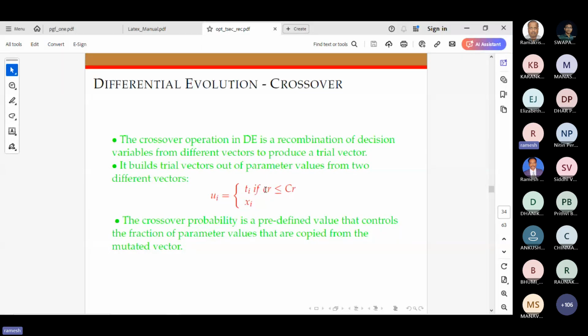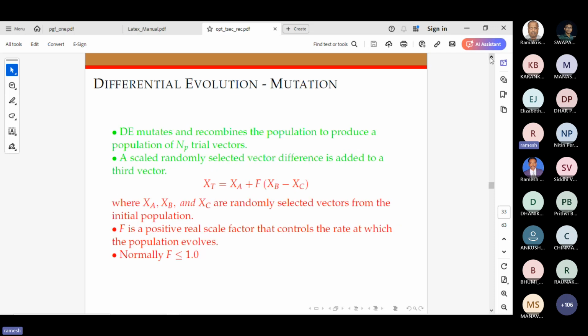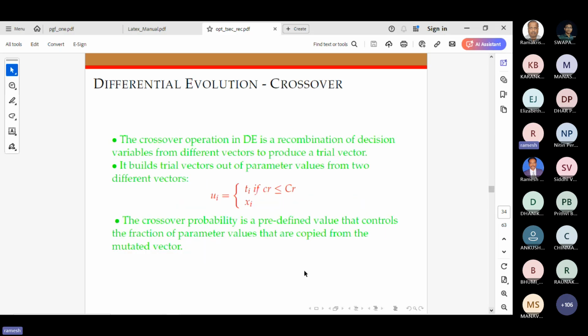So you swap the decision variables. If you select two vectors, one is a trial vector or mutant vector that you created from the first operation, that is mutation in differential evolution, and you randomly pick a member from the existing current population, then you compare those two from the point of view of individual decision variables.